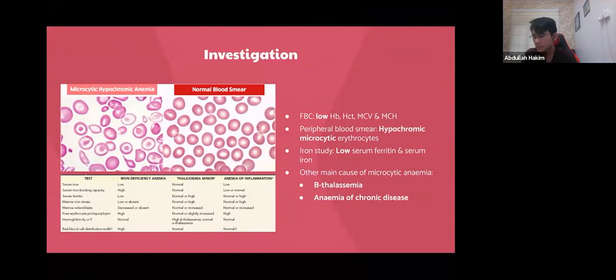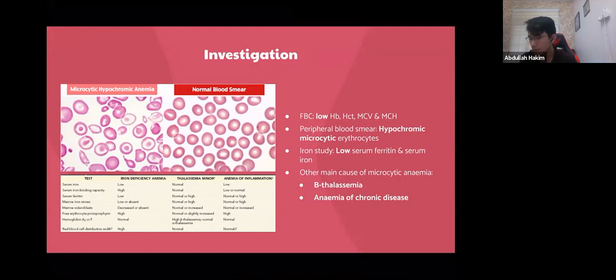So next, we have marrow iron stores. So in IDA, marrow iron store will be low or absent because there's no storage of iron. But compared to thalassemia and anemia of chronic disease, there'll be normal or high storage of iron in marrow. And for marrow sideroblasts, in IDA, there'll be decreased or absent marrow sideroblasts.